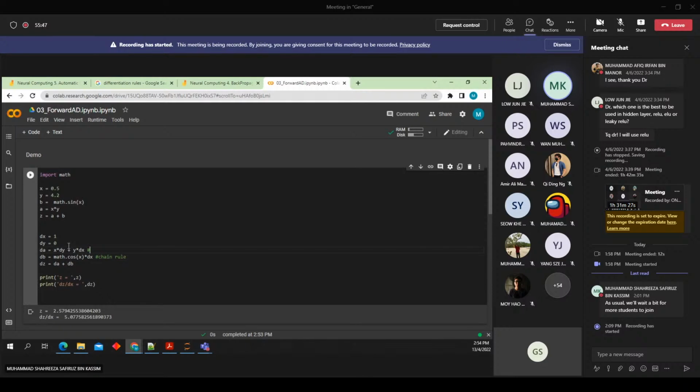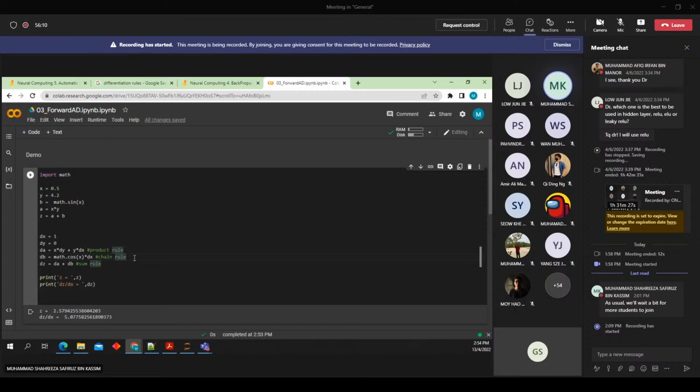It's the summation rule and the product rule. This is the product rule. Differentiation rules, right? It will automatically compute the dz of dx. So that's the idea that you get with this.